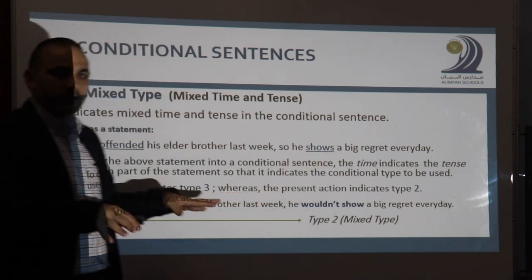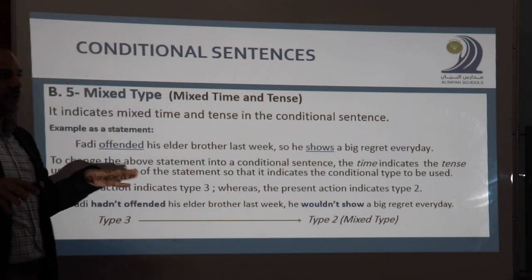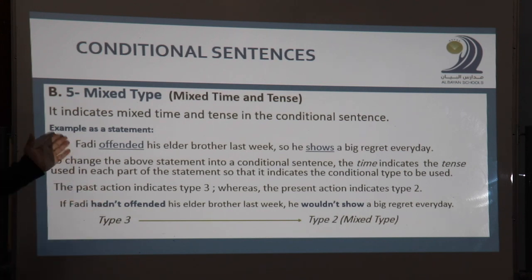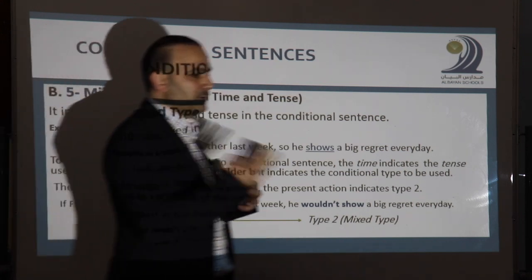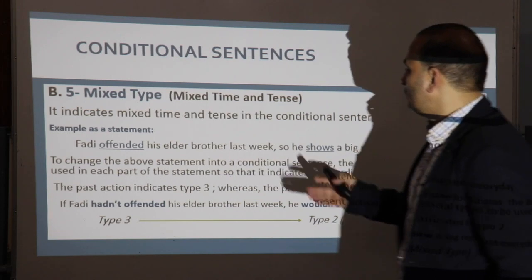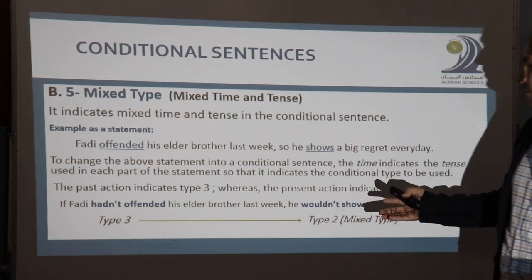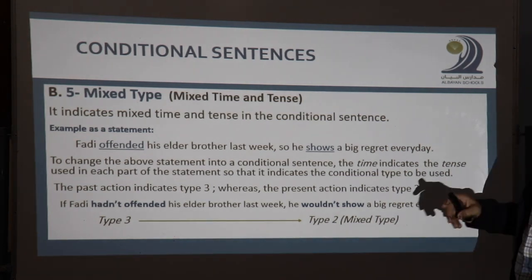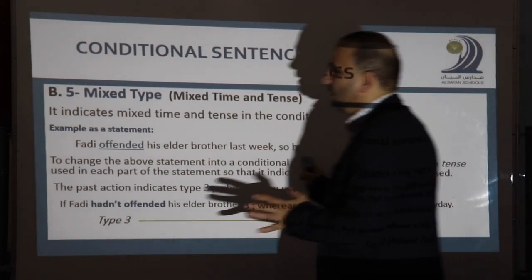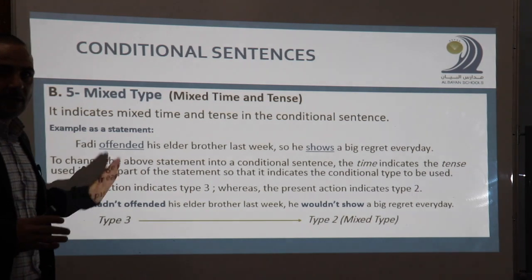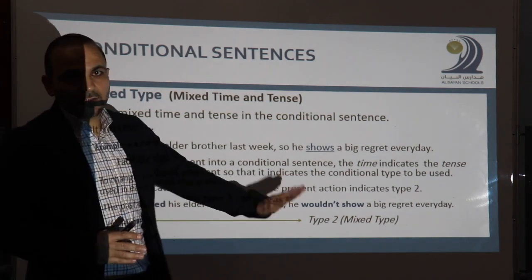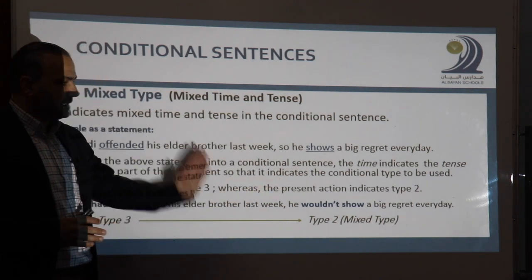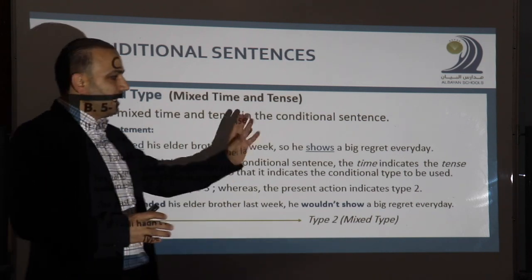Yes, now, or at this time, or every day, he shows big regret, okay? So, if Fadi hadn't offended his own elder brother last week, he wouldn't show a big regret. We have mixed type. The conditional part is type 3, and the main clause of this conditional sentence is type 2.